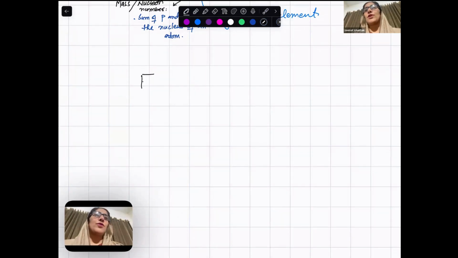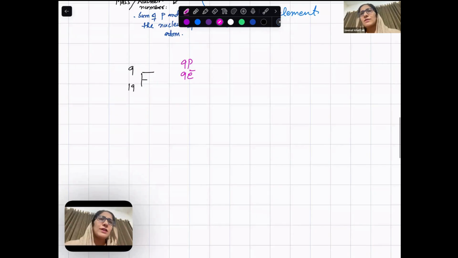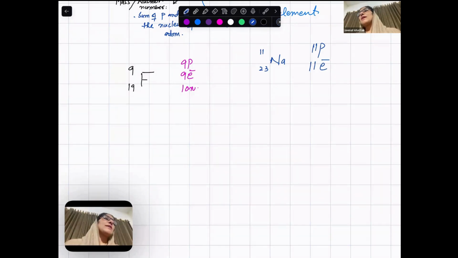For example, this is fluorine, 9 and 19. So 9 protons, 9 electrons, 19 minus 9 is 10 neutrons. Suppose sodium, 11 and 23. 11 protons, 11 electrons, 23 minus 11, 12 neutrons.